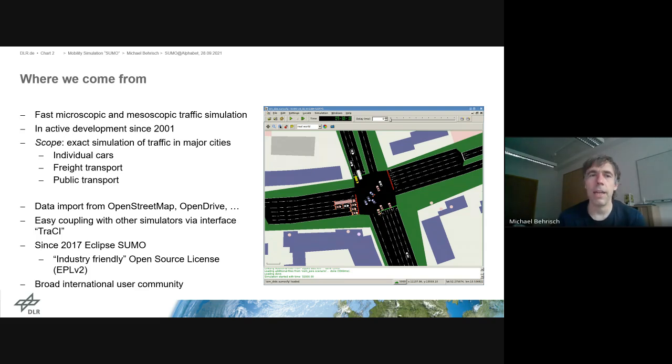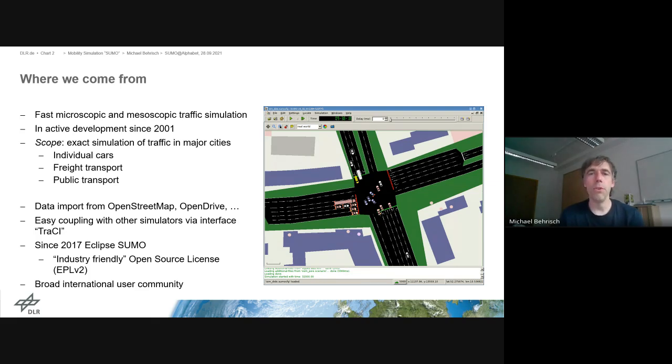You can start from a single car following another car, and everyone thinks, I can do this in 10 lines of code, and basically you can, but it gets messy quite fast, and that's why we thought it would be nice to have an open source project where people can share their models and develop them together.